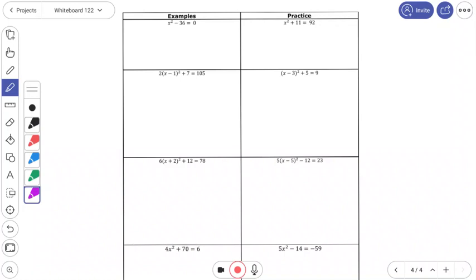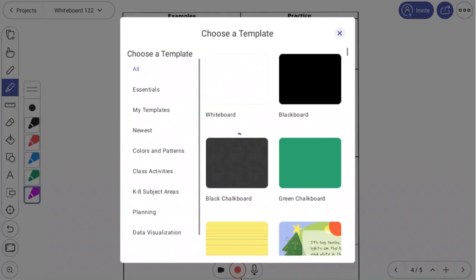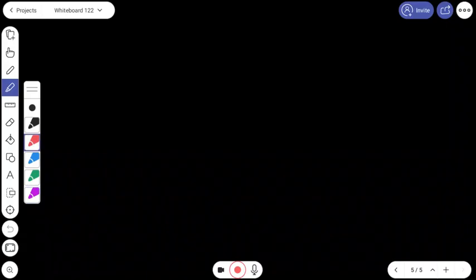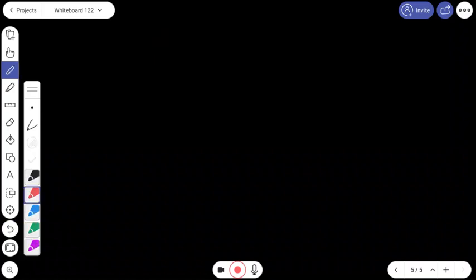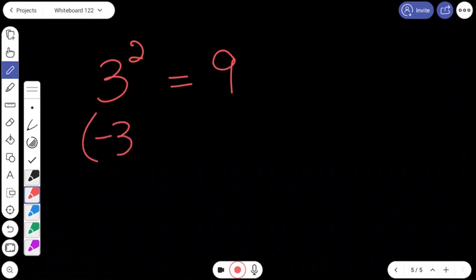Ooh, something else. Let's remember something really fast. Let's use this blackboard. If I ask you what is 3 squared, probably shouldn't use the highlighter. Let's use the pen. 3 squared, that gives us positive 9. But what if I asked you for negative 3 squared?